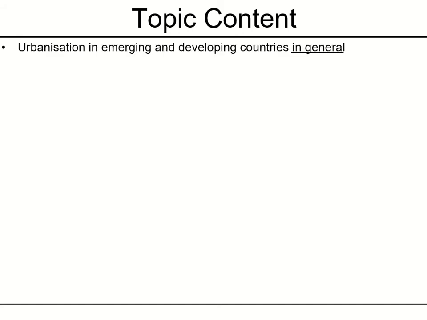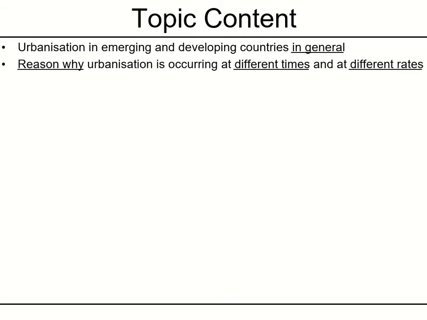Okay, so I'm just going to give you an overview of what's included in this topic as a whole, and then we're going to move on to the first part. So urbanisation, we're going to look at that in emerging and developing countries in general, and why it's happened and what the problems might be, but just to get you an idea about this word urbanisation and what it means. Then we're going to look at reasons why urbanisation occurs at different rates and at different times in the different cities that we find around the world.